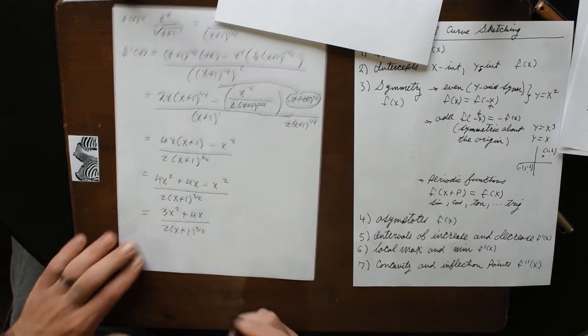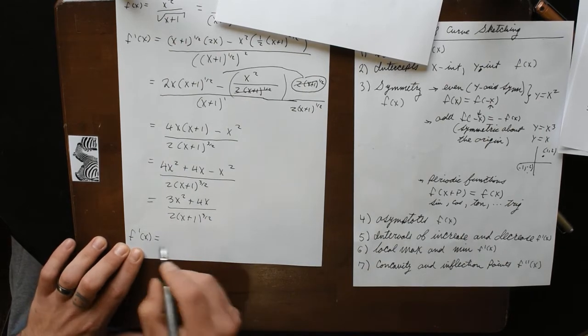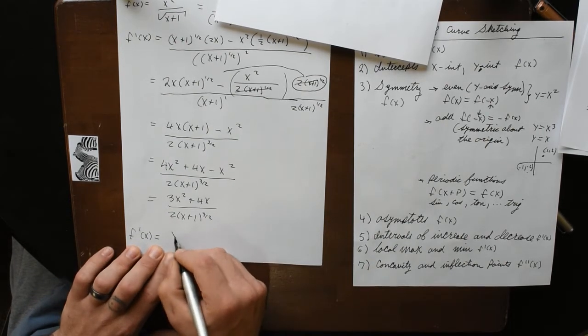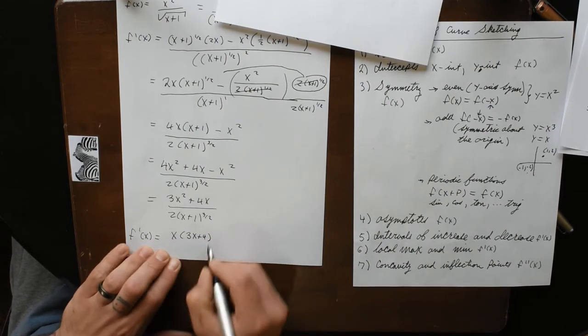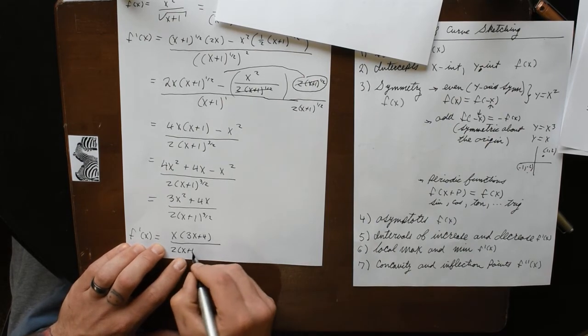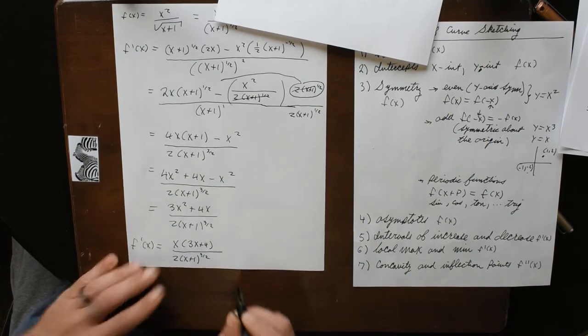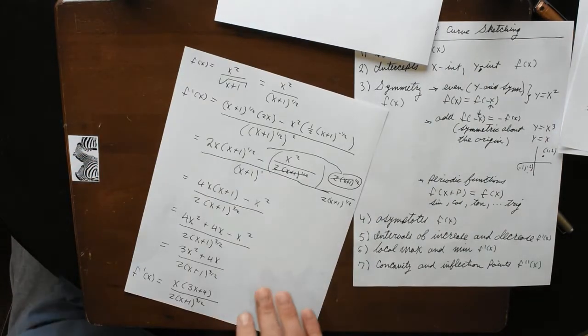For what we're going to do, it's convenient to factor out an x and say f prime of x is equal to x times 3x plus 4 all divided by 2 times x plus 1 to the 3/2. Perfect. We have found our derivative. I'm going to rewrite it on the back side.